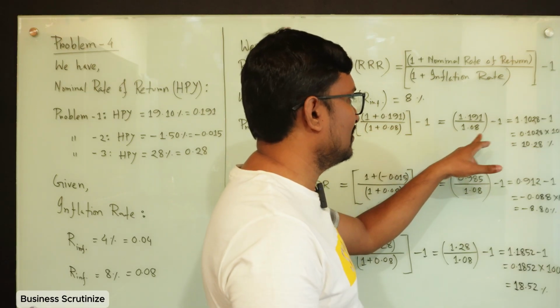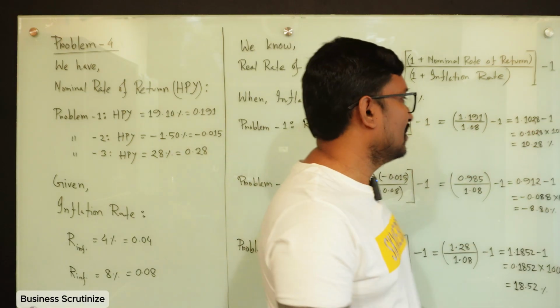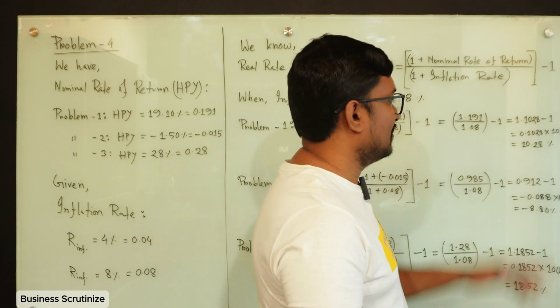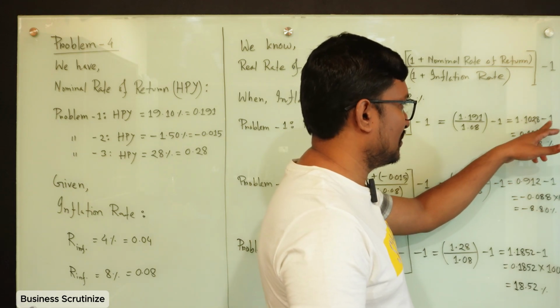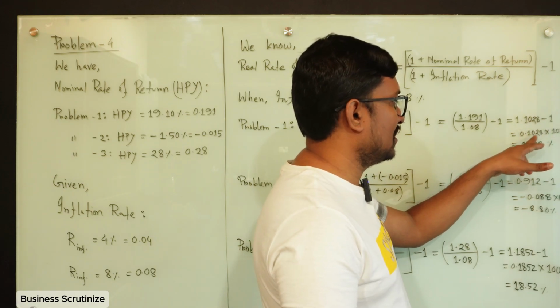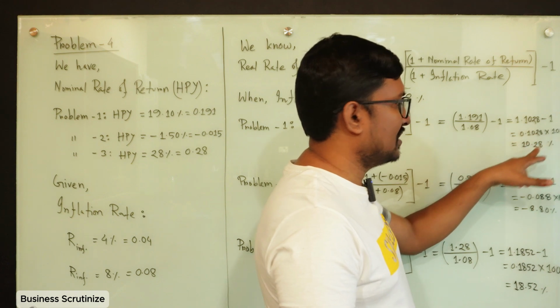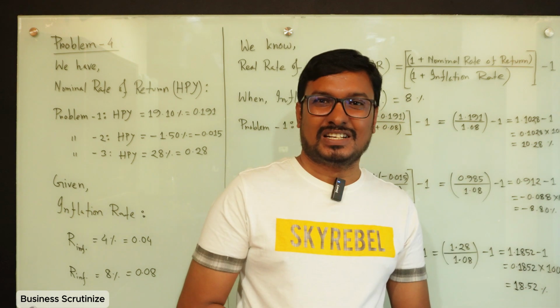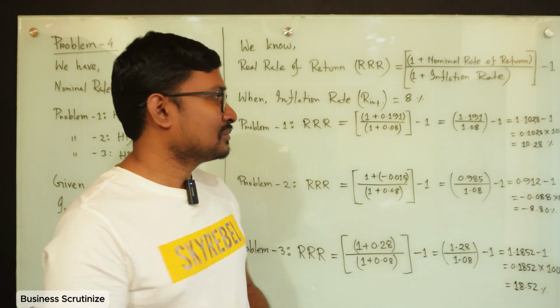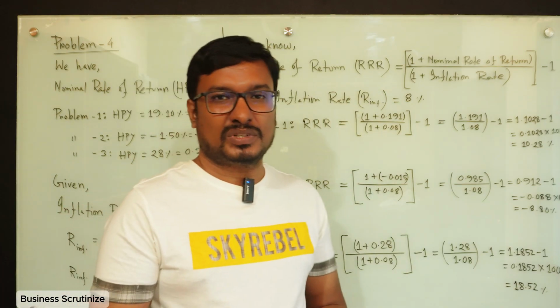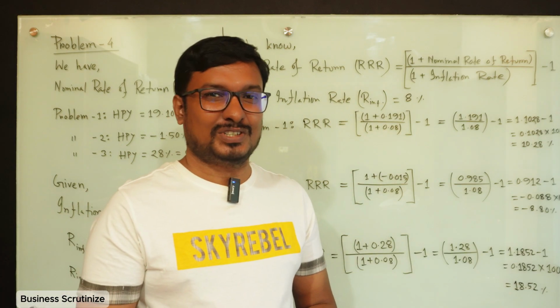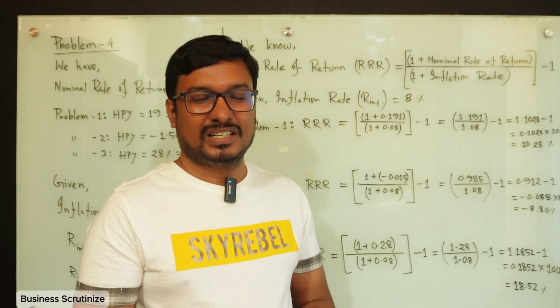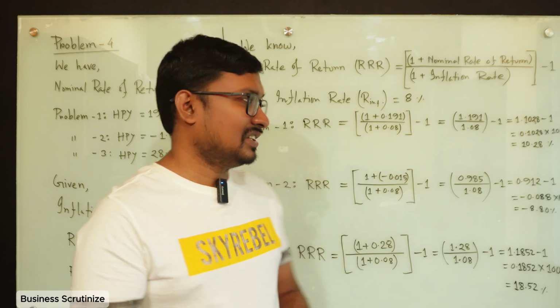If we divide, we will have 1.1028 minus 1, and after subtraction we will have 0.1028 times 100. So finally we have 10.28% as the real rate of return, considering 19.1% as the nominal rate of return, here SPY, and an 8% inflation rate.